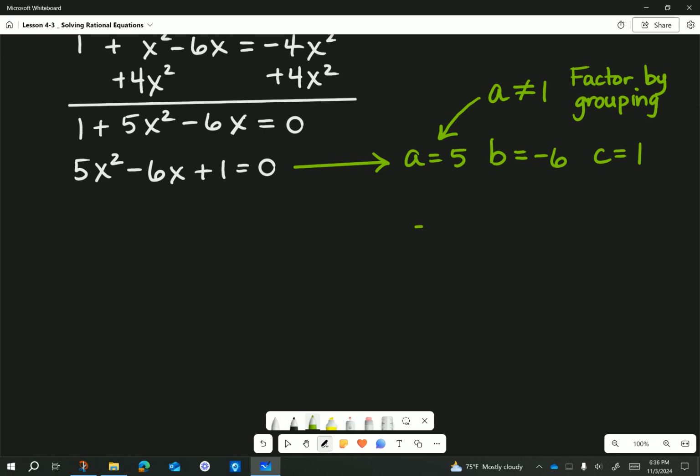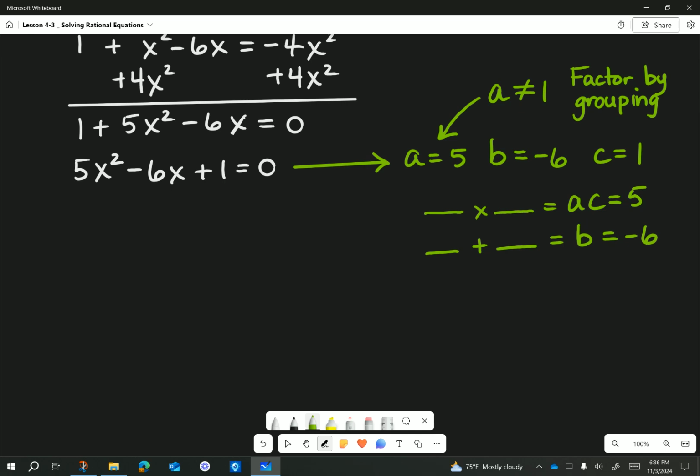The questioning technique that you need to remember is what times what is going to give me an AC value, AC meaning A times C. So 5 times 1 for our problem is a 5. And the second question remains the same as the previous example. What plus what gives me my middle term coefficient, which is negative 6.